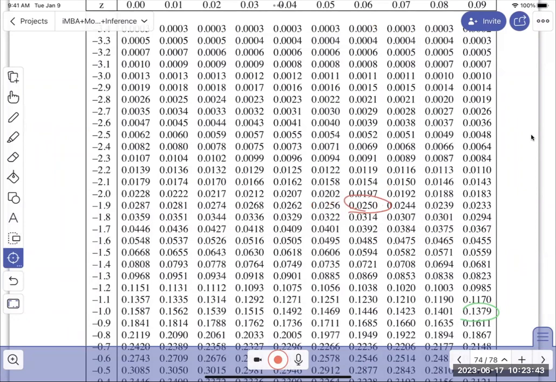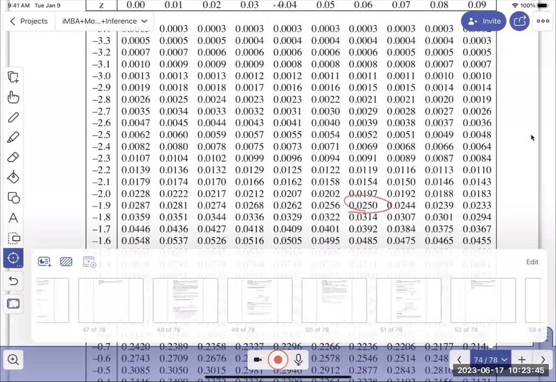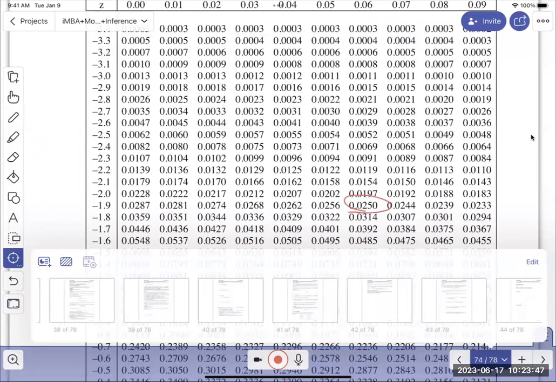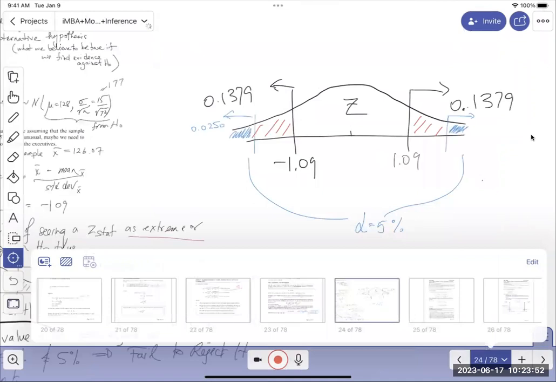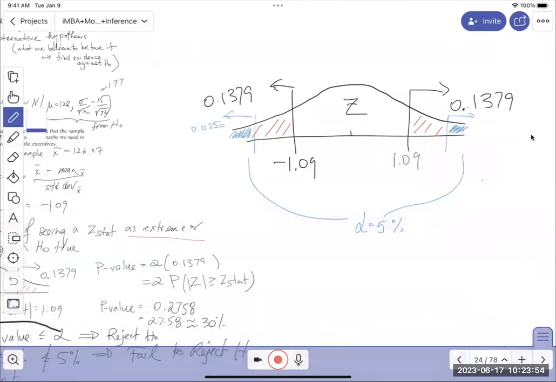It was about 2, but to be precise, with more decimal places. So these mark where you have 5% in the tails.